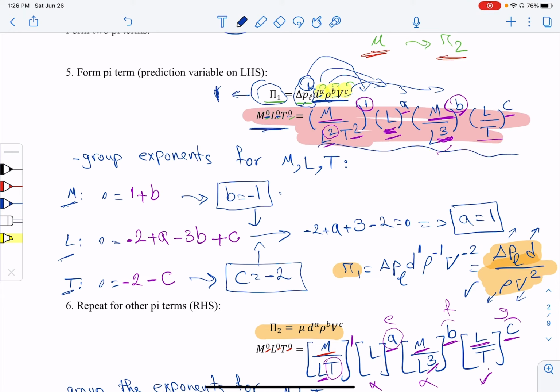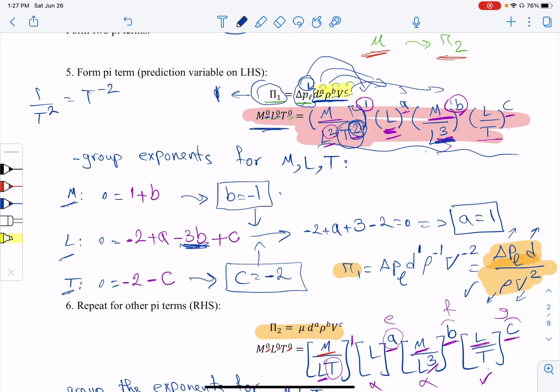And remember, if for example the T is in the denominator, then this power is going to be negative, because when it's, for example, 1 over t squared, we know that it's t to the minus 2, right? So for example, here L to the power of 3 to the power of b should be minus 3b, which I write down here, right?